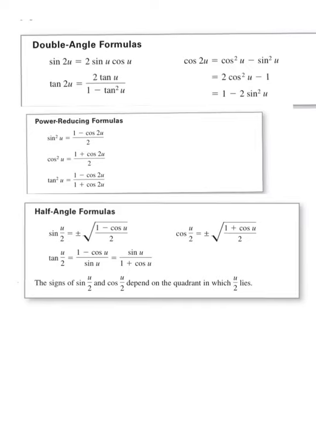I want to point out that there's really nothing new here, in that if you look at sine 2 theta, or sine 2u, this is the same as sine of a plus b, where a and b are equal. And the same goes for cosine 2u, which would be cosine of u plus u. And then they bust out a little Pythagorean identity action.